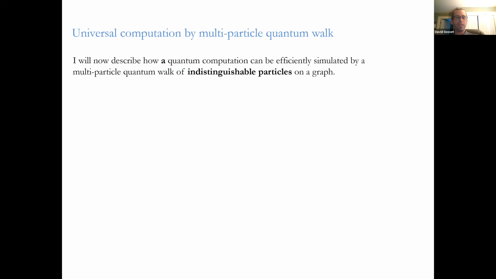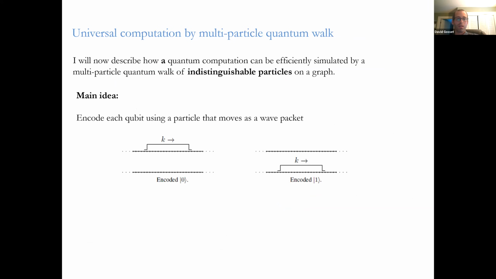So how do you simulate a quantum computation by a quantum walk? And here, as I said, I'm going to focus on a multi-particle quantum walk of indistinguishable particles for reasons that will become clear. Well, again, we're going to encode each qubit using a particle that moves as a wave packet. We have an encoding where we have two long paths, and a particle moving on the top is encoded 0, and on the bottom is encoded 1.